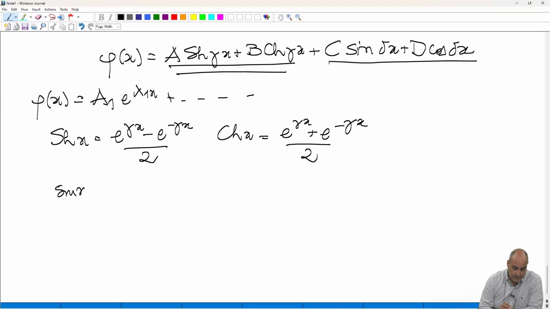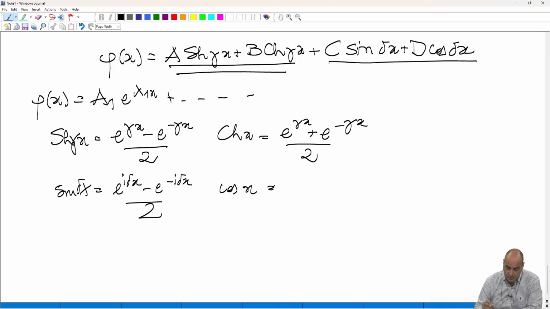And the hyperbolic sinus of delta is (e^(delta x) minus e^(-delta x)) divided by 2, and the hyperbolic cosinus is (e^(delta x) plus e^(-delta x)) divided by 2. Once more, these formulas are by Euler.